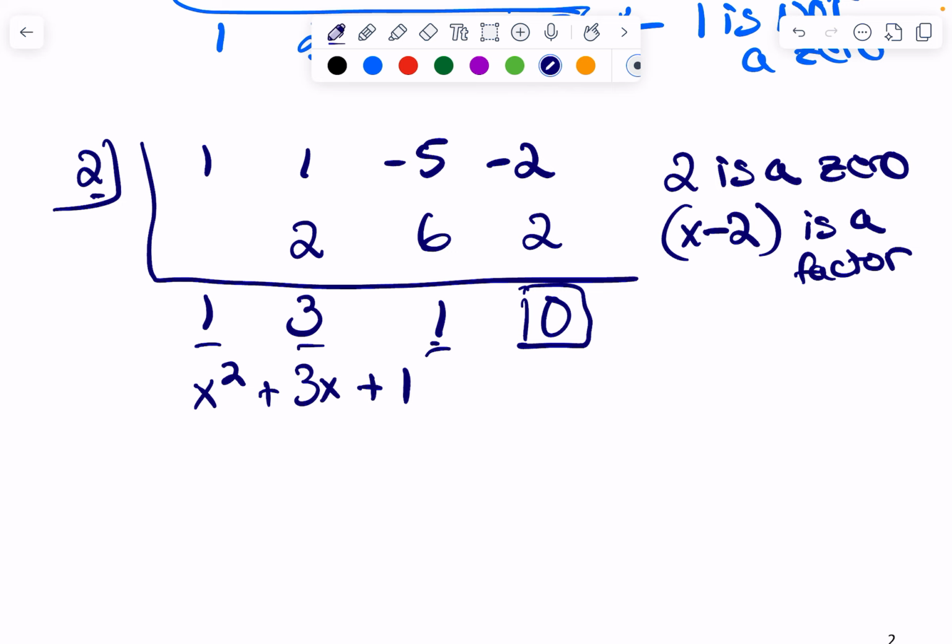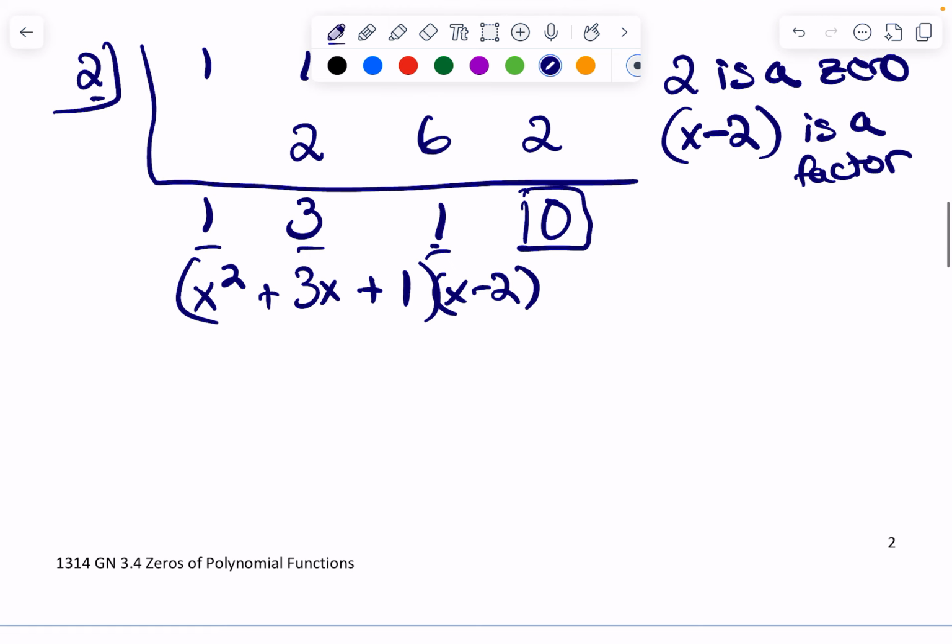And then x minus 2. So these are factors of our original polynomial. Now, we need to set these equal to 0. Well, we already know that x minus 2 is going to be 0, so x is 2. We already got that here because we used it for the synthetic division.